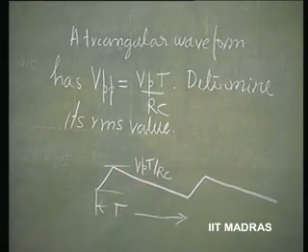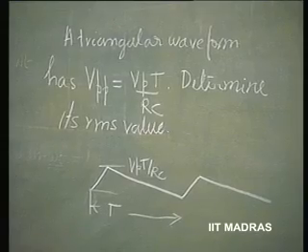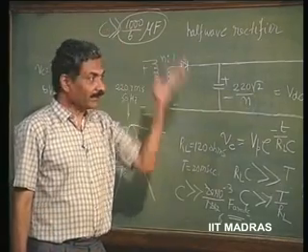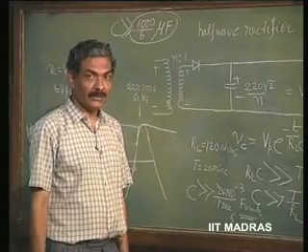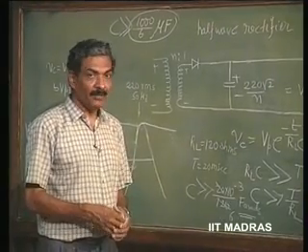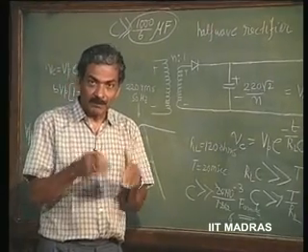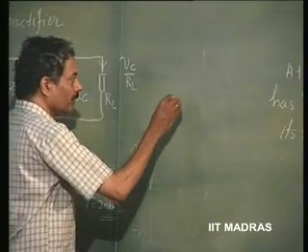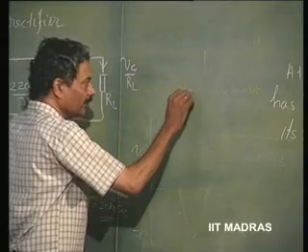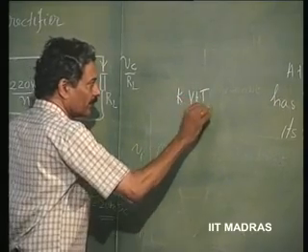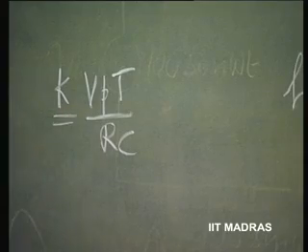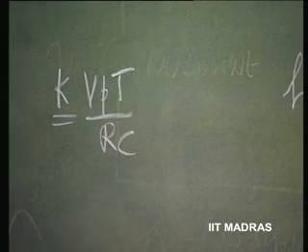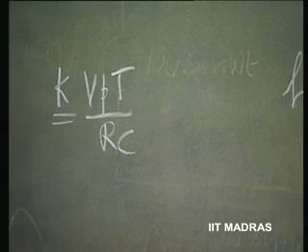If you determine this, then we know the ripple factor. Earlier I have defined this. Ripple factor is defined as the RMS value of the ripple divided by the average, and you will get a factor k into V p T by R c. This k is what you get as some value when you find out the RMS value. I want you to find out the value of k.